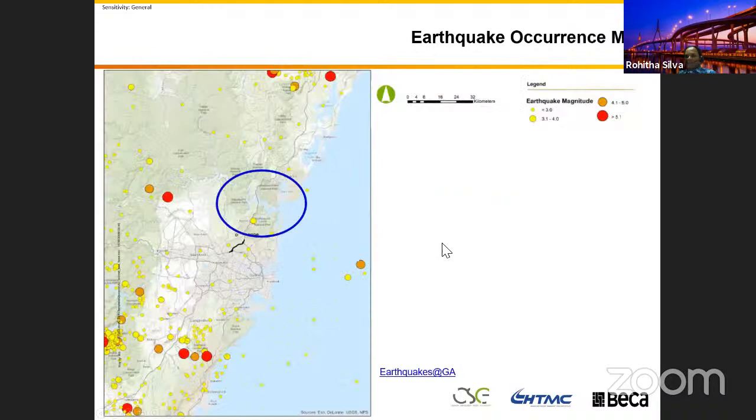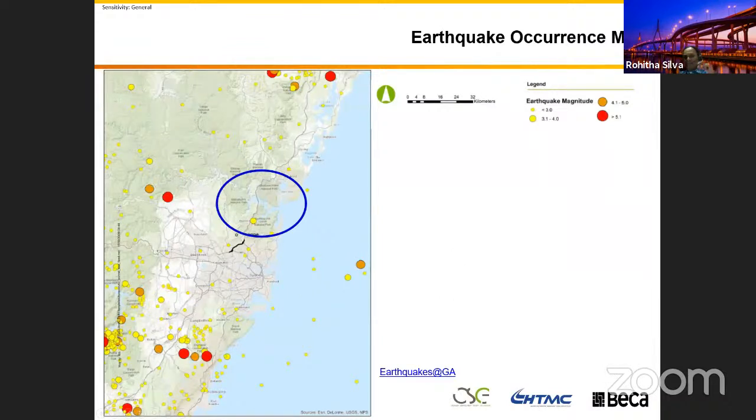As for earthquake occurrence, if you Google it, different countries have their own earthquake occurrence map, but I think there's a global one in the US. From that you can find the earthquakes happening.